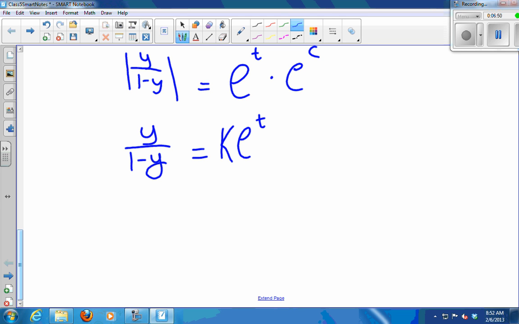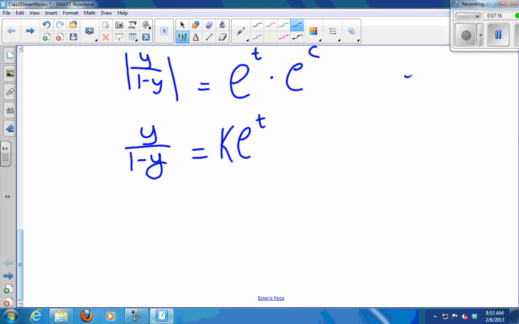But I guess you can say k is plus or minus. It's just some new arbitrary constant. But e to the c would, no, okay, so if k equals e to the c, this is a good observation, because you're right, I hadn't thought of that.